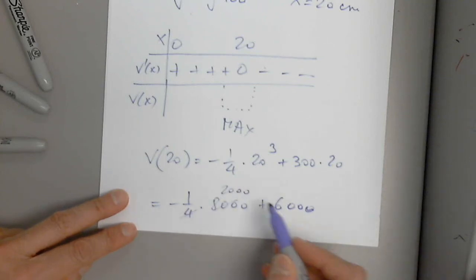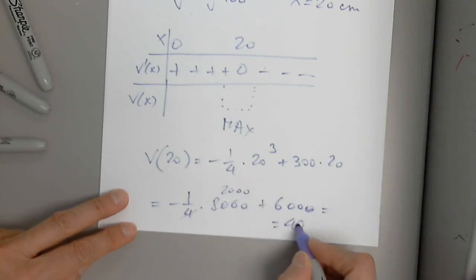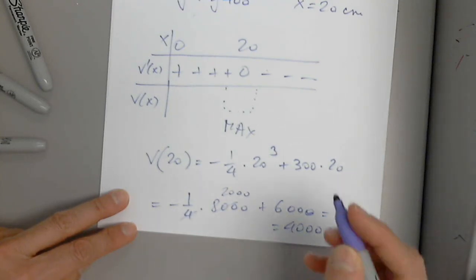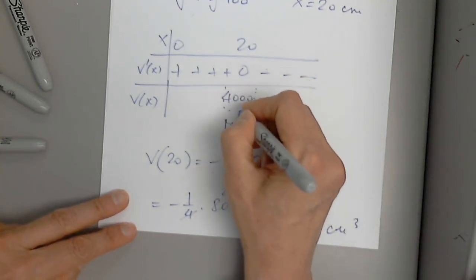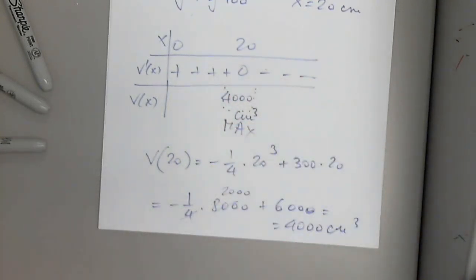I got 4,000 cubic centimeters. Correct me if I'm wrong, please. Can anyone confirm the 4,000? Yep. Okay, thank you. I know we only have 3 minutes, so maybe we should talk about the test.